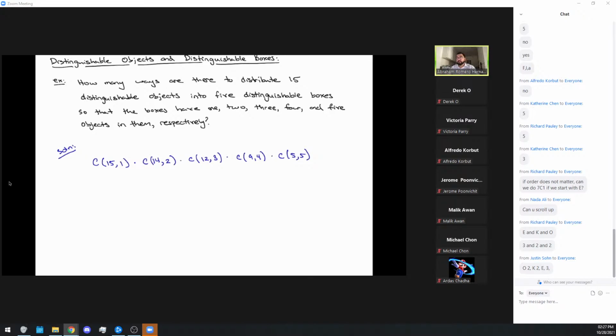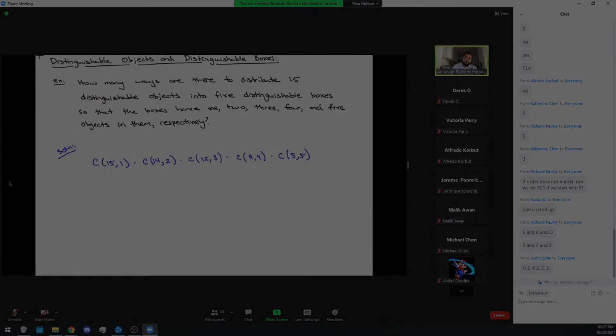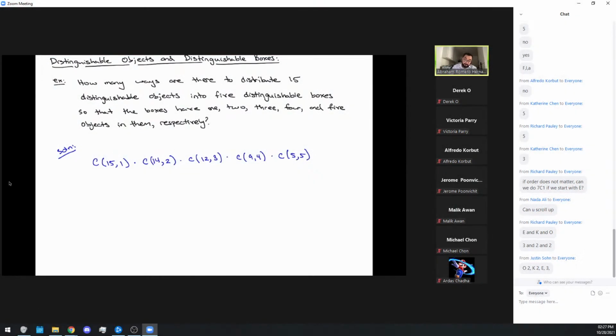Any questions on this? Now, if we simplify this, 15 choose 1 is 15 factorial over 14 factorial.